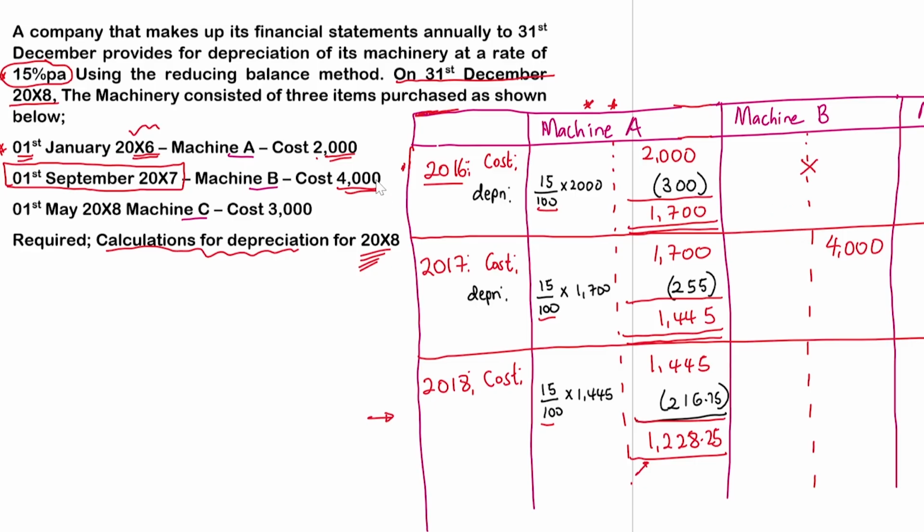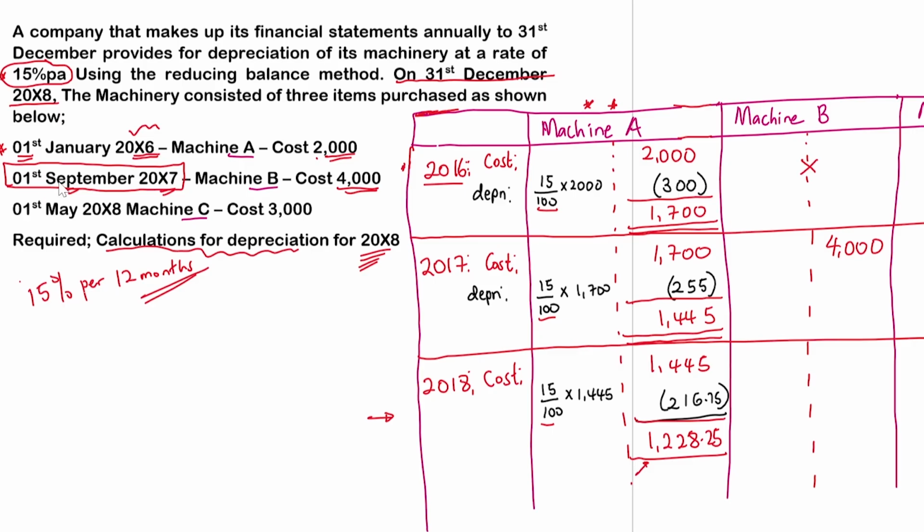definitely is going to be reducing balance 15%, but this 15% is per annum, or in other words, the 15% is per 12 months. That's what we mean by per annum, but per 12 months. But in this case, the machine was bought during the year, that is in September of 2017. So if it was bought during the year, it simply means that machine B, as far as 2017 is concerned, did not exist the entire 12 months.